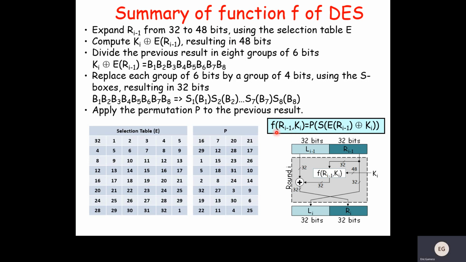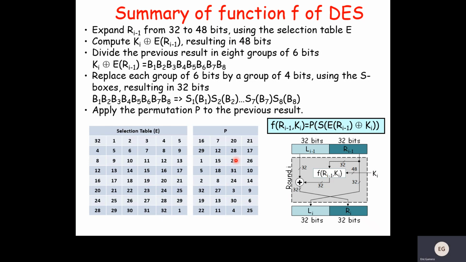This is when we apply f. So look at f, it has 2 inputs: the 32 rightmost bits of the previous iteration, which is R sub i minus 1, and the key of the iteration, which is 48 bits. First, we apply the expansion table. Then we do a XOR with the key. Then we apply the S-boxes.